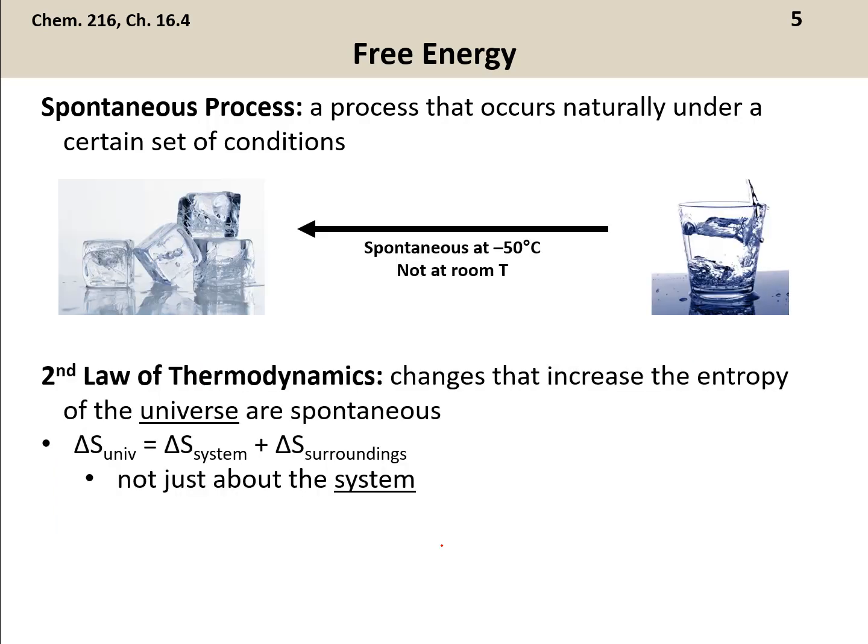And we said this came from the second law of thermodynamics, which says that delta S of the universe equals delta S of the system plus delta S of the surroundings. Notice this surroundings. How do I increase the entropy of the surroundings? One way is to actually put energy out into the system to heat up the surroundings.